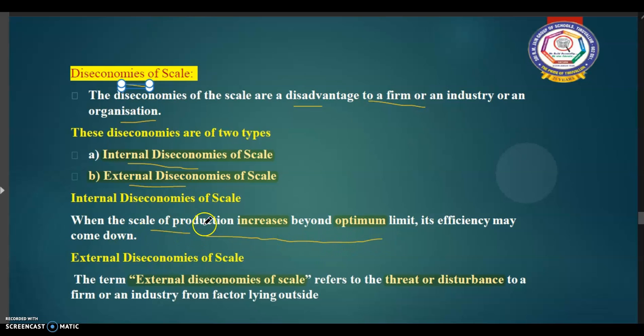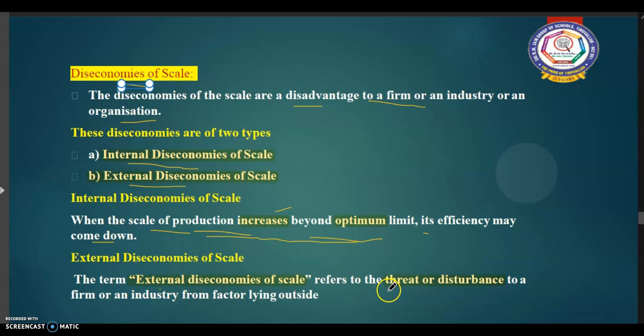If the scale of production increases, for example, if we human beings work continuously for a long time, at one stage our speed or our capacity will come down. In the same way, if the production process reaches the optimum, then its efficiency may come down. So this is internal diseconomies of scale.